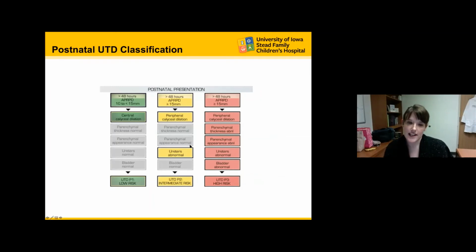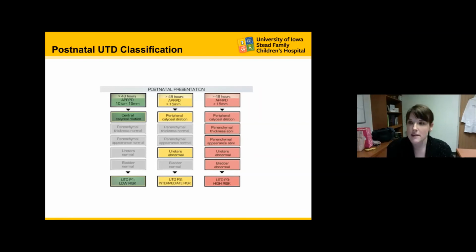If there is peripheral calyceal dilatation, or your ureters are abnormal, or if the parenchyma appears abnormal, or if the bladder appears abnormal, it automatically elevates you into a higher risk category.